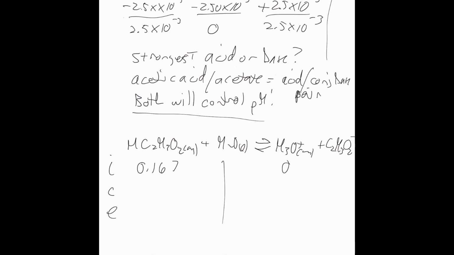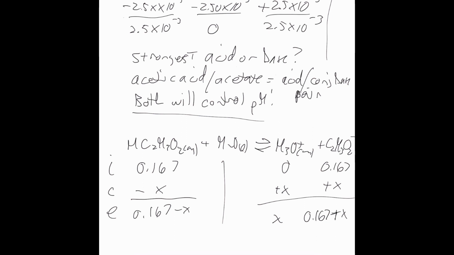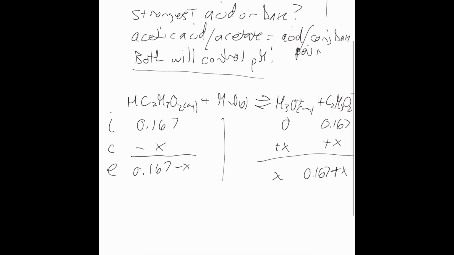And then we have the same number of moles of acetate, so that would be 0.167. We would have minus x, so it would be 0.167 minus x here. This is plus x and plus x. So x, and this would be 0.167 plus x. Wow, so we have both of them in our equilibrium.